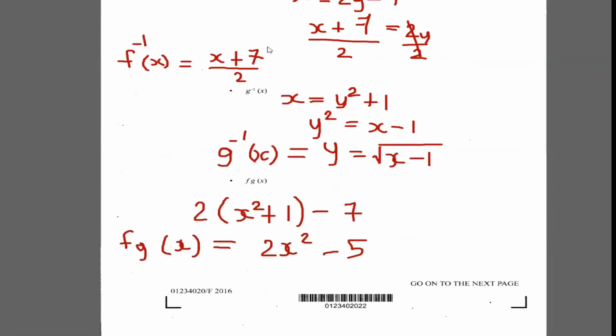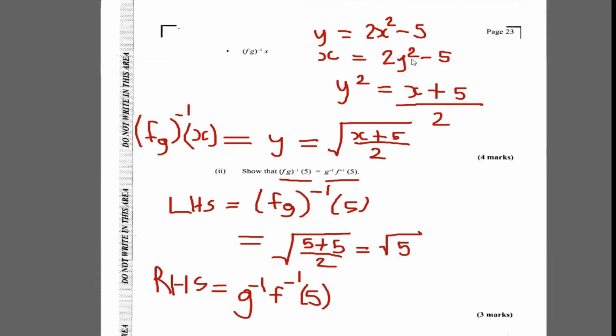This is f inverse, x plus 7 over 2. So 5 plus 7 is 12. 12 over 2 is 6. So what that means right here is f inverse of 5 is 6. Since f inverse of 5 is 6, this works out to now be g inverse of 6.